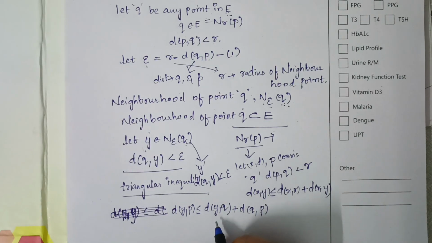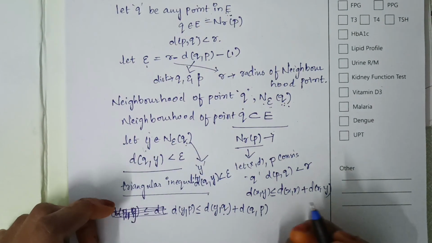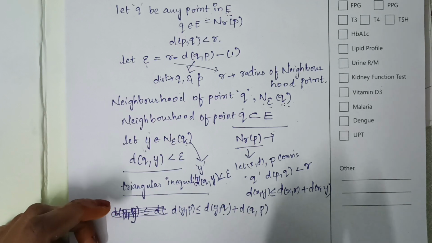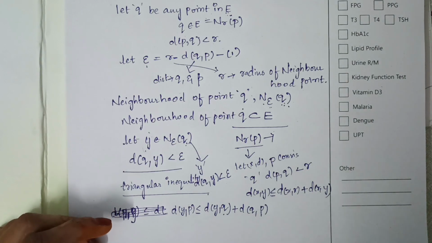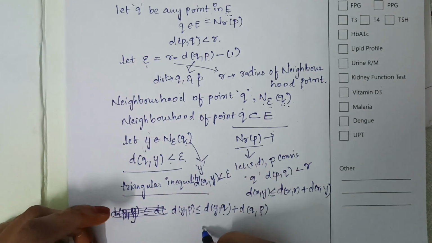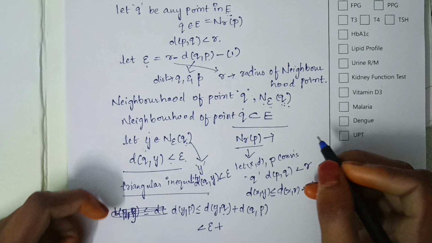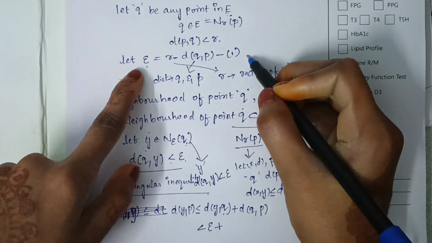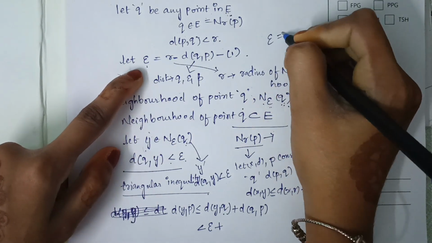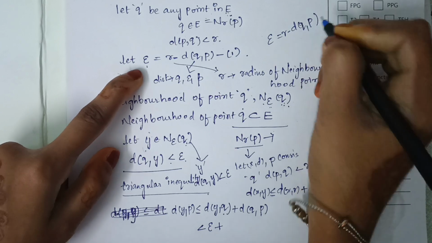And we know that the distance between y comma q, or the distance between q comma y, which is the same according to the symmetric property, is less than epsilon. So I can write less than epsilon plus d of q comma p. In the above equation, first we considered epsilon is equal to r minus the distance between q comma p, right?